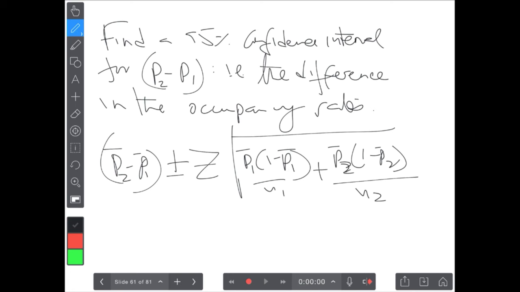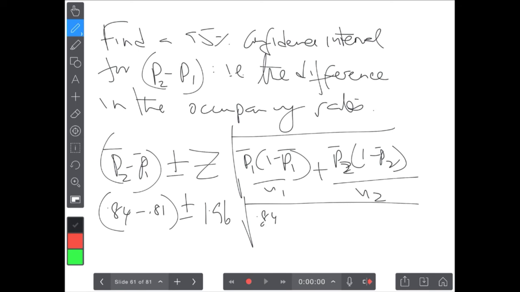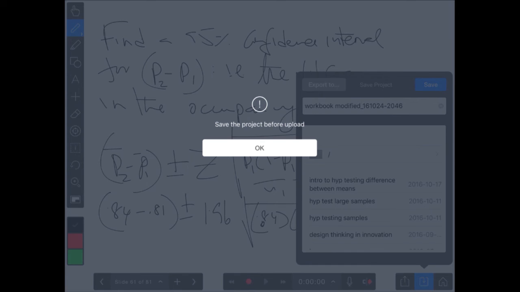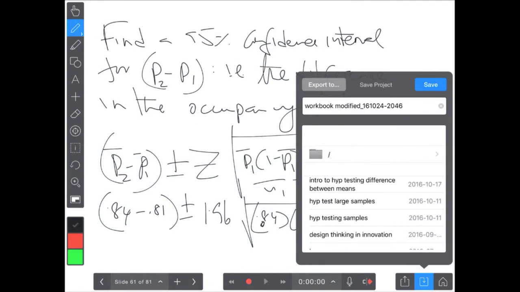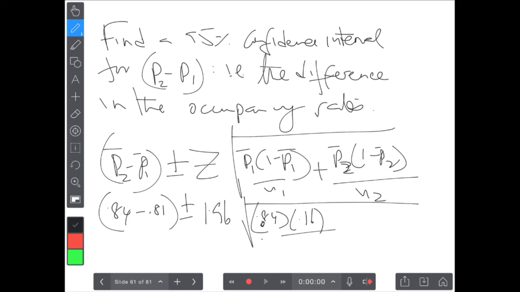Substituting our values, we get the following: 0.84 minus 0.81 plus or minus, since it is a 95% confidence interval, 1.96, times the square root of 0.84 times 0.16 over 1750, plus 0.81 times 0.19 over 1800.